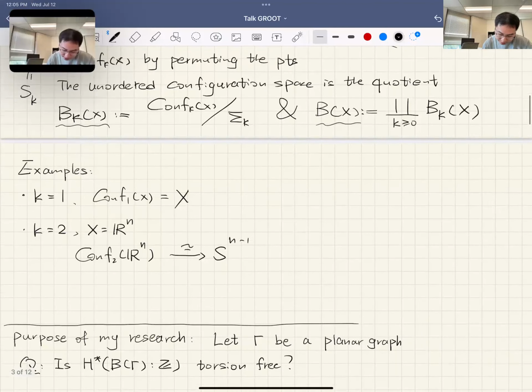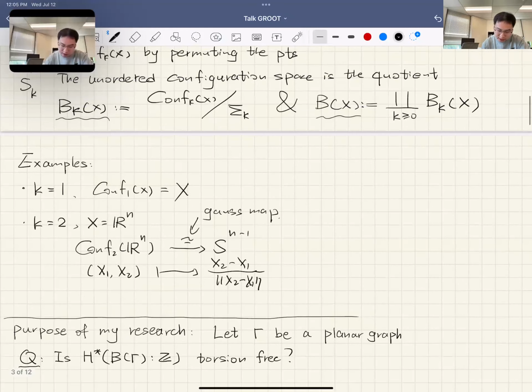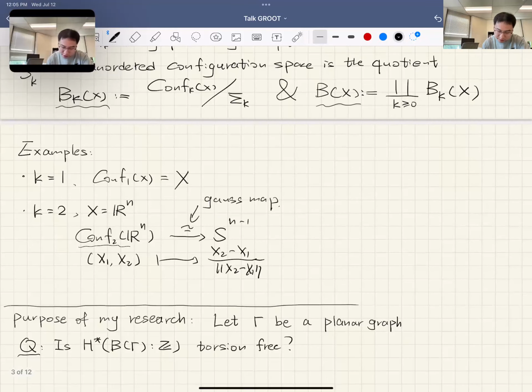So what is this map? We send 2 points x_1, x_2 to (x_2 minus x_1) divided by its length. This is simply the Gauss map. Okay, that's the ordered configuration space on 2 points.